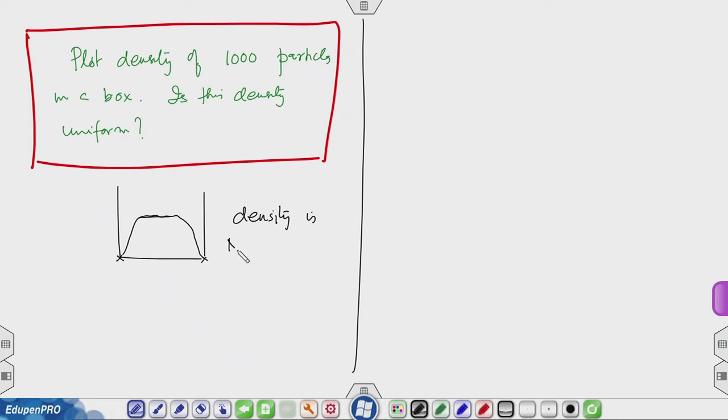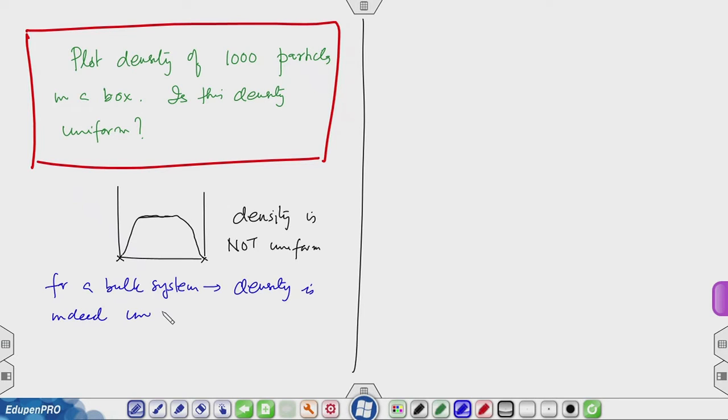Density is not uniform. On the other hand, for a bulk system, density is indeed uniform. So, these sin kx wave functions do not really work well.